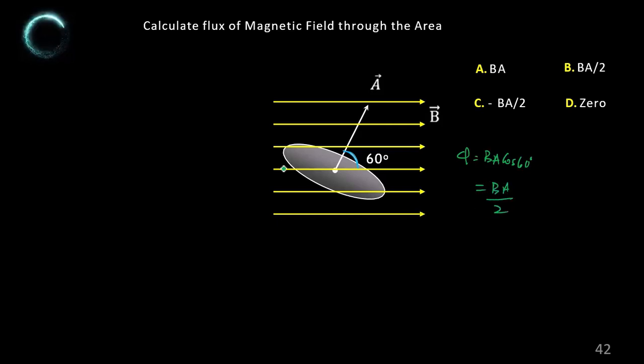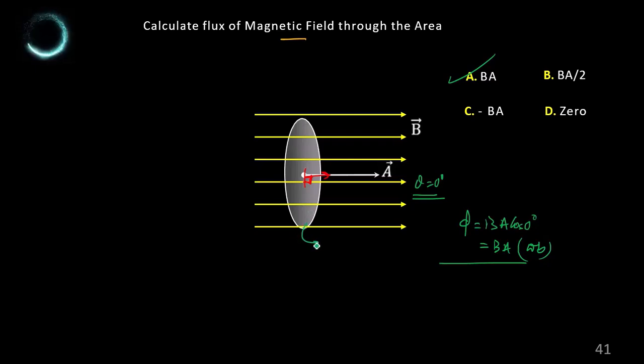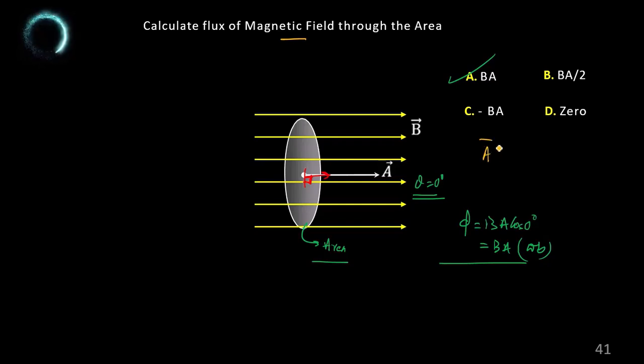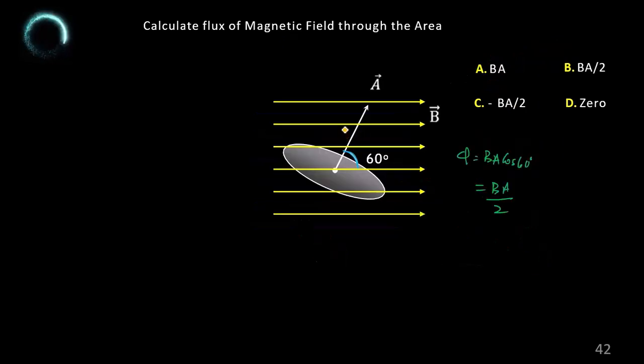If the area vector is parallel to the B vector, theta is 0, and I get the value BA, which is the maximum value of flux, because the maximum value of cos theta is 1. When I incline this area at 60 degrees, I get half of that value, BA by 2.